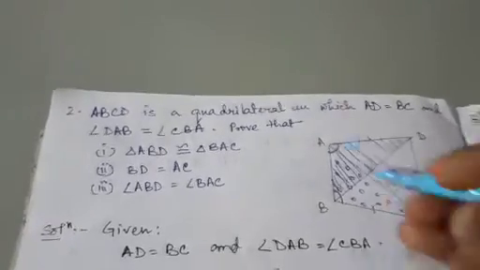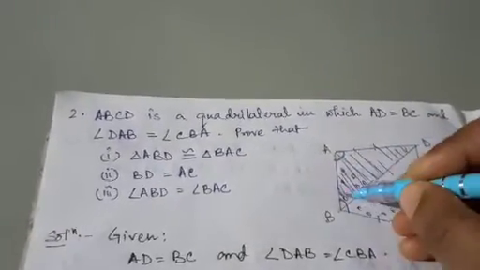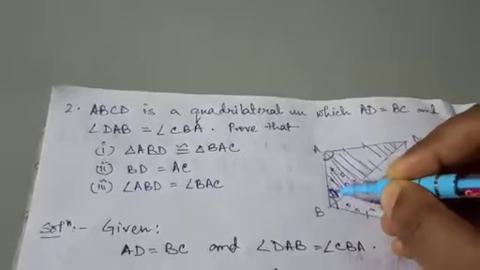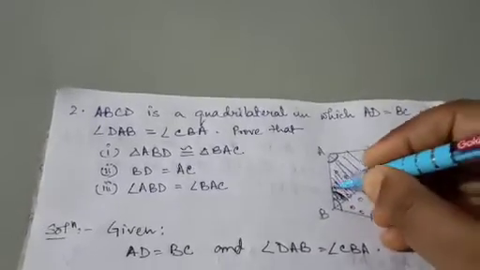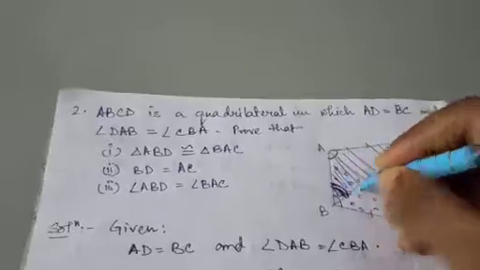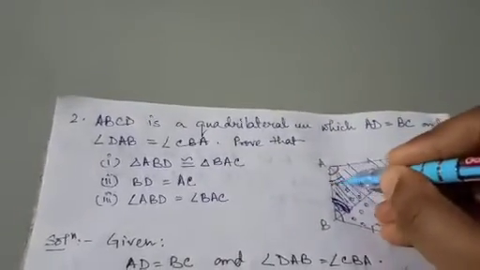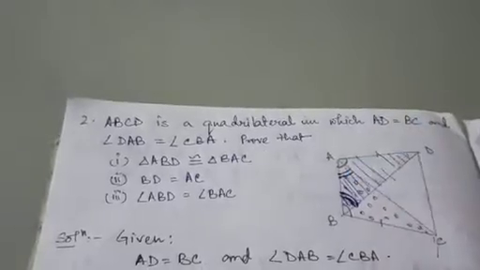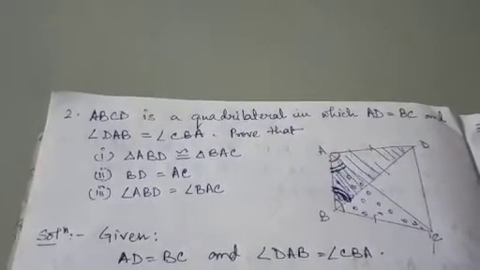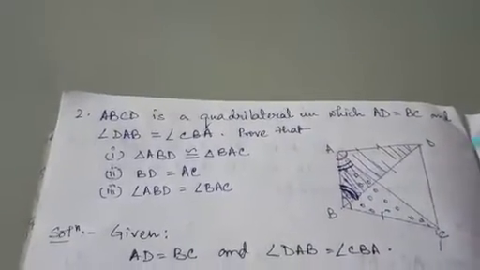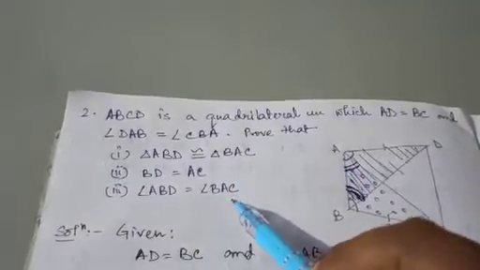Also the angle ABD, this means this angle, is equal to BAC, this angle. So these angles are also equal by corresponding parts of congruent triangles.